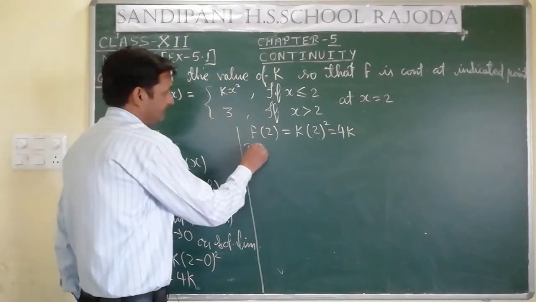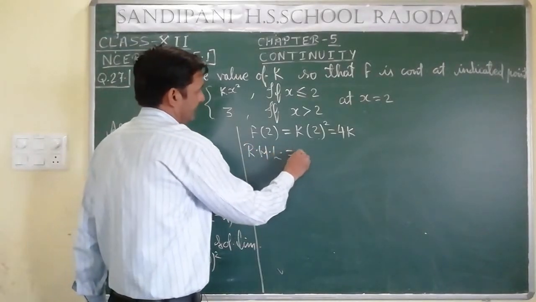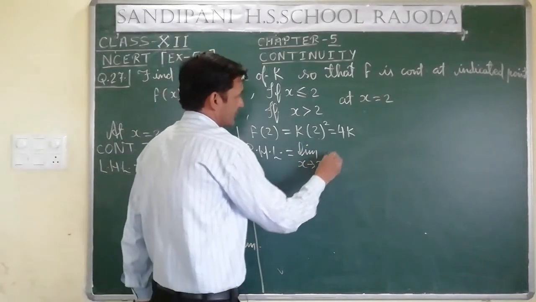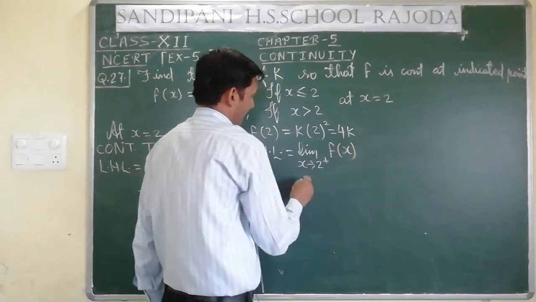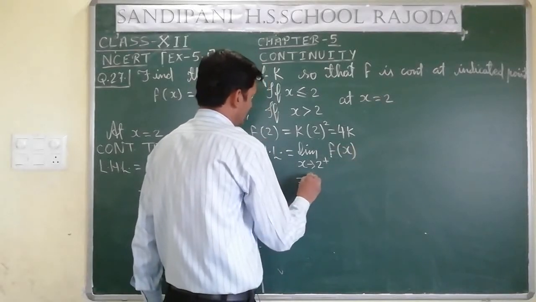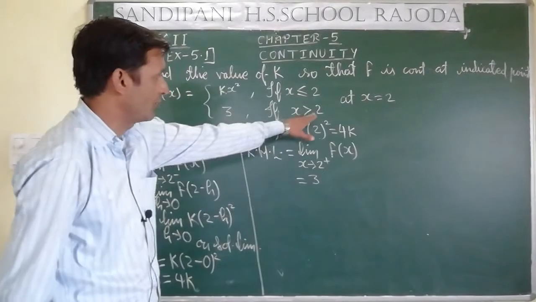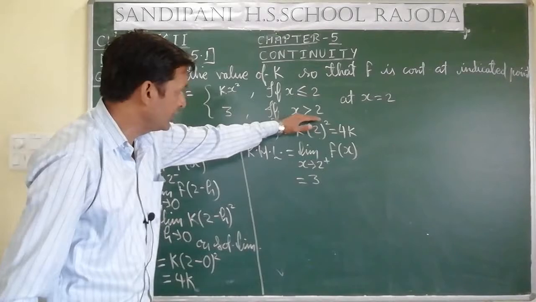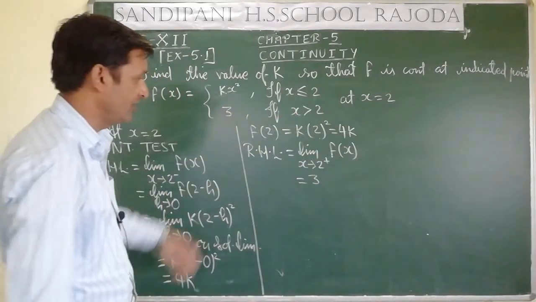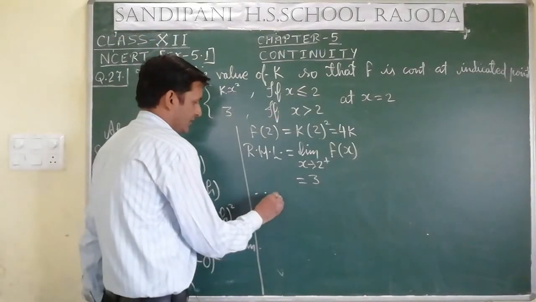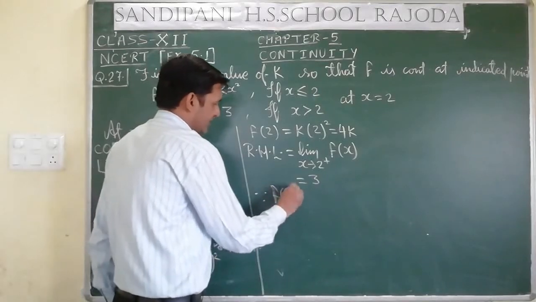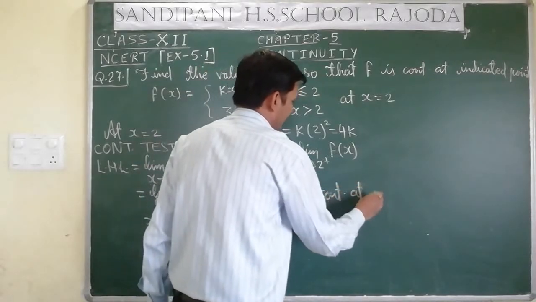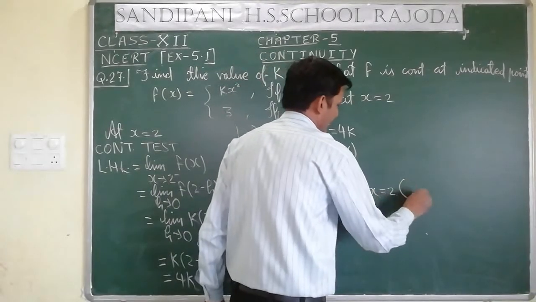Now RHL, limit x tends to 2 plus f of x, this is equal to 3 directly, because for more than 2 it is 2 plus, means RHL 2 plus means more than 2, for more than 2 it is 3 clearly mentioned, because f of x is continuous at x is equal to 2, which is given.